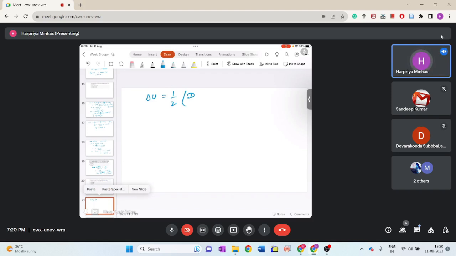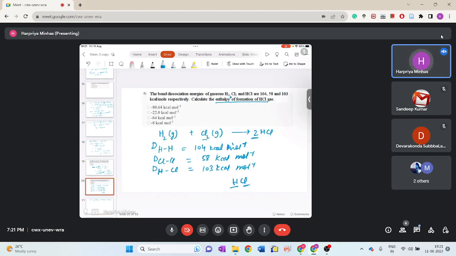So your dissociation value for, you require HCl, that is you want the dissociation of this hydrogen and chlorine, and subtracting your overall energy of HCl. Why 2? In the equation we are having 2 moles of HCl on the right hand side.